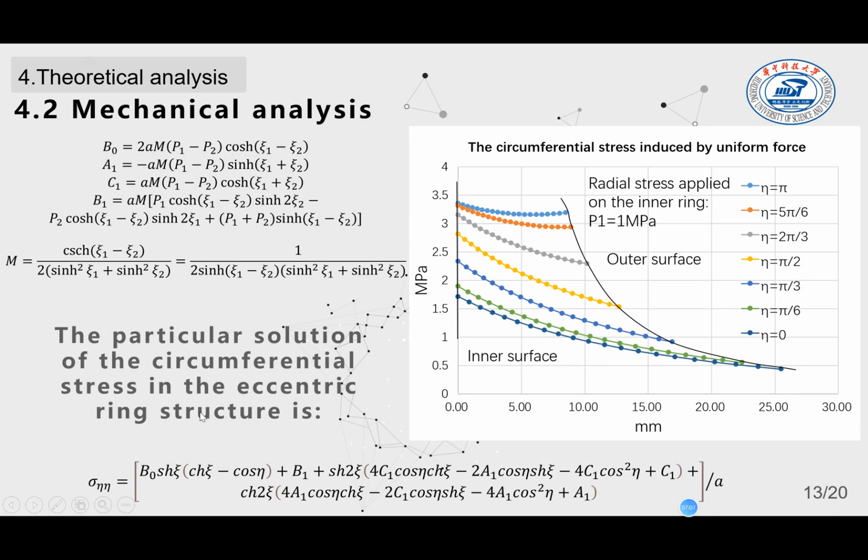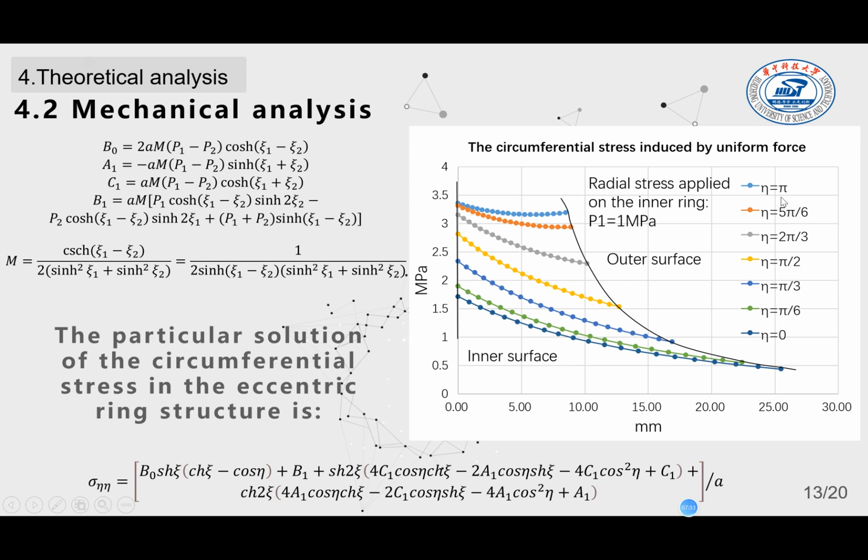And the result is shown in this equation. If we apply the radial stress on the inner ring, with a magnitude of 1 MPa, then we can get such results.